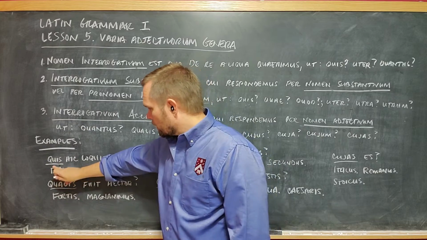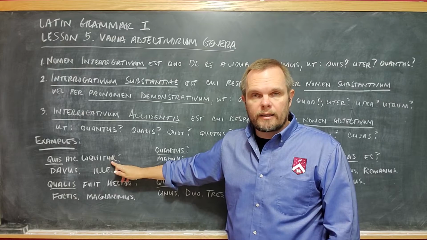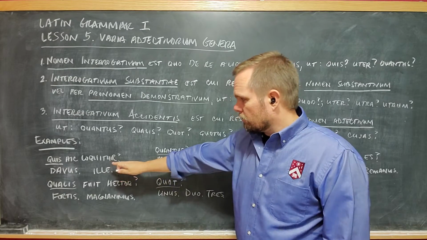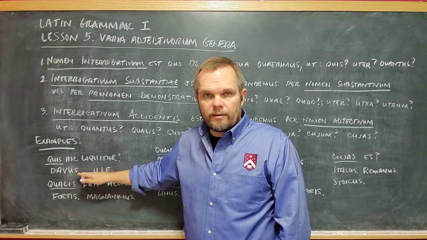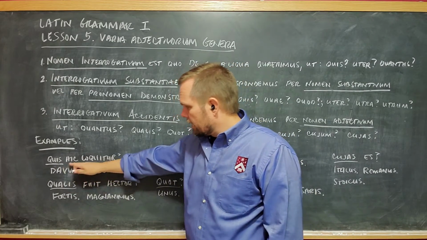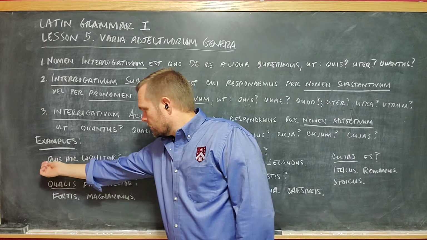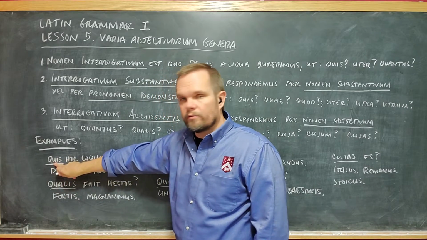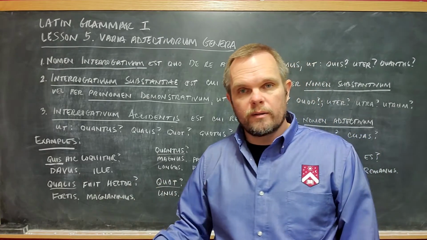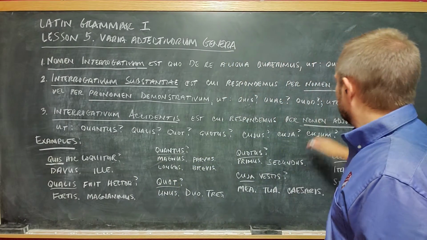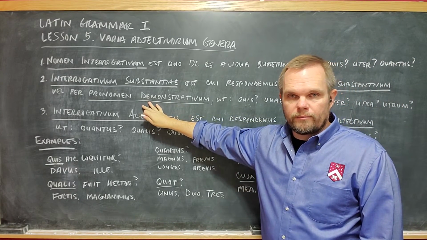We have the question, quis hic loquitur? That translates as, who says this? Or who said this? So this is a question using an interrogative noun of substance, and therefore we know that the answer is going to be either a substantive noun or a demonstrative pronoun.